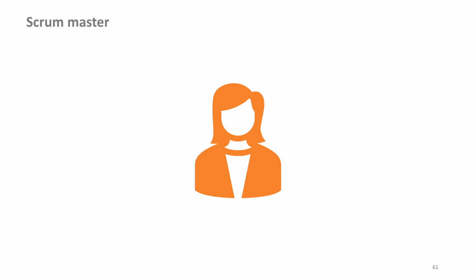He/she is also a support for the team, for example by finding new ways of working for the team, how to deal with pair programming, or with test-driven development. He/she is also the process owner and has to teach the team how Scrum works and make sure it is followed.